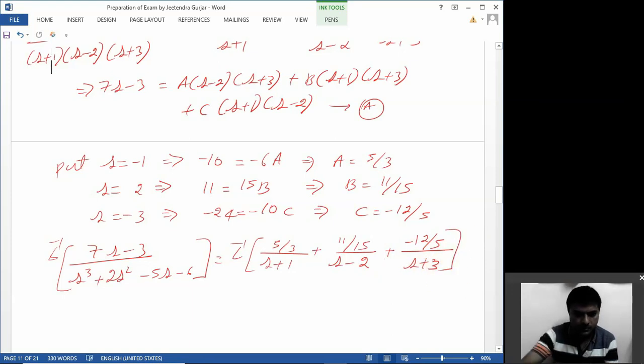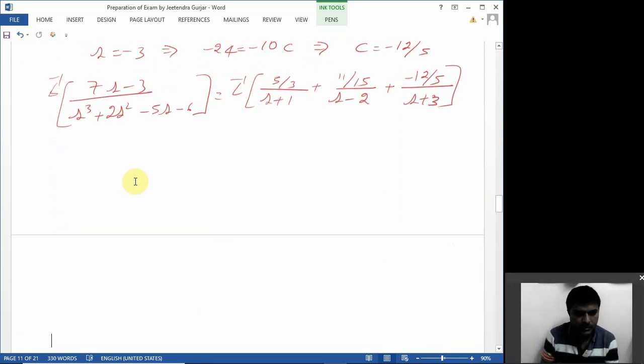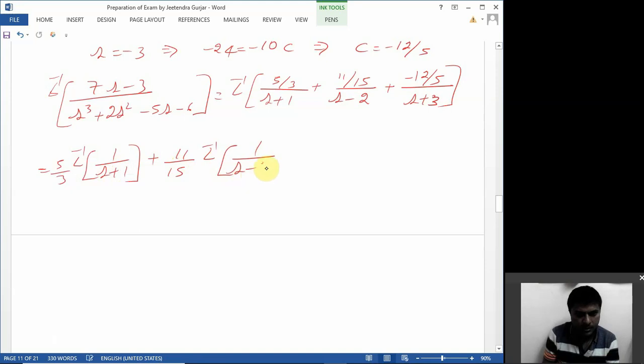So what is the inverse Laplace transformation, students? One by one you can easily do it and tell me what is the answer. Okay, so I'll write here the answer. So this is 5 upon 3 times inverse Laplace of 1 divided by (s plus 1), plus 11 divided by 15 times inverse Laplace of 1 divided by (s minus 2), minus 12 divided by 5 times inverse Laplace of 1 divided by (s plus 3).